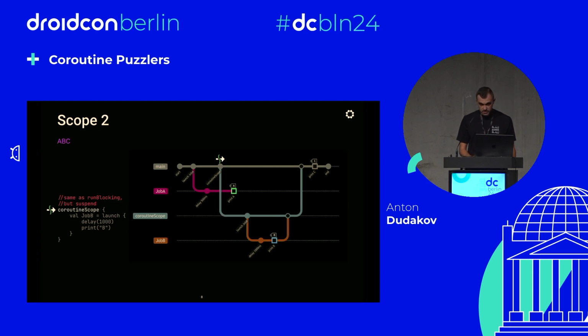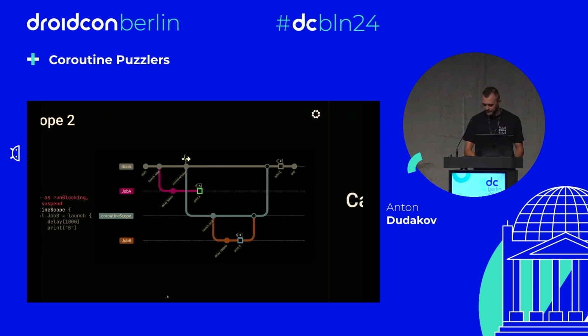It runs the coroutine, which delays, and control goes back to job A, because the thread is free to launch anything. It prints A, and then control goes back to the coroutine scope, which prints B, and once it's finished, the main coroutine unsuspends and prints C.